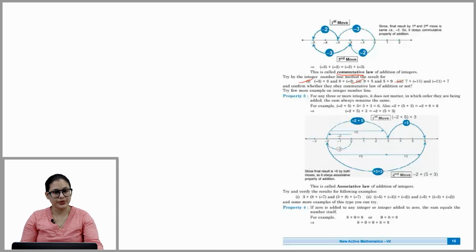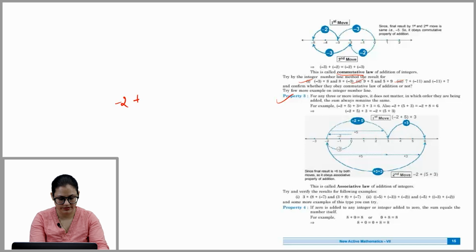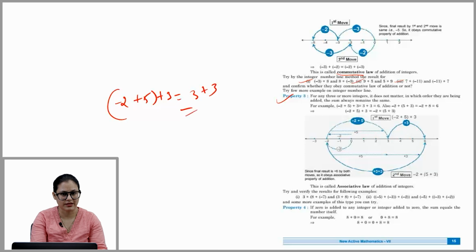Now property 3. For any 3 or more integers, it doesn't matter in which order they are being added. The sum always remains the same. For example, minus 2 plus 5 in brackets, plus 3 is equal to what? 3 plus 3, 6. Also, minus 2 we take outside the bracket, and in the bracket we add 5 and 3.